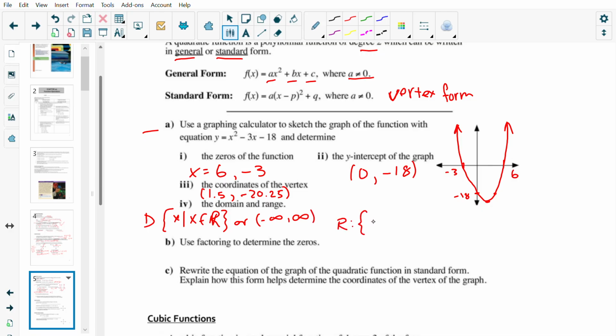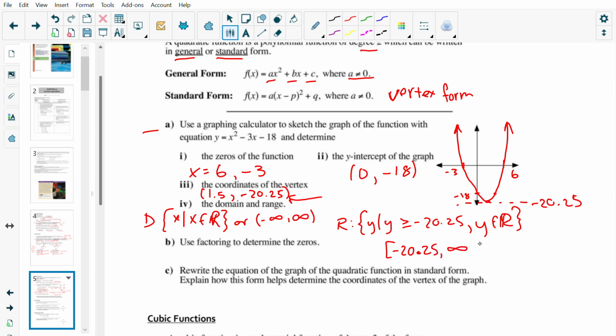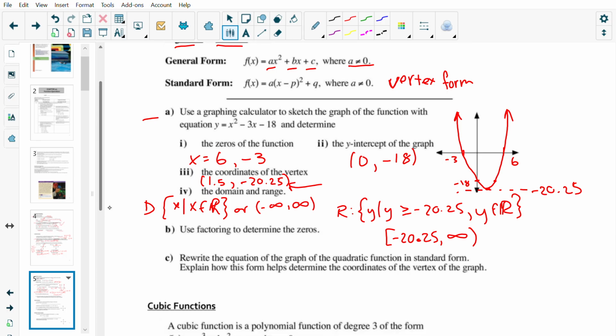Range: y such that y is greater than or equal to negative 20.25, and that's the y coordinate of my vertex, right? So y is an element of all real numbers, or in interval notation, it starts at negative 20.25 and it stretches to infinity. So that's how we do it in interval notation.